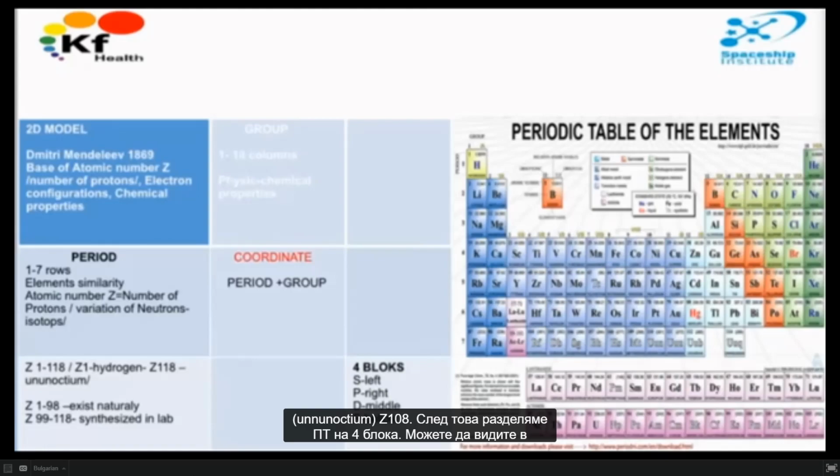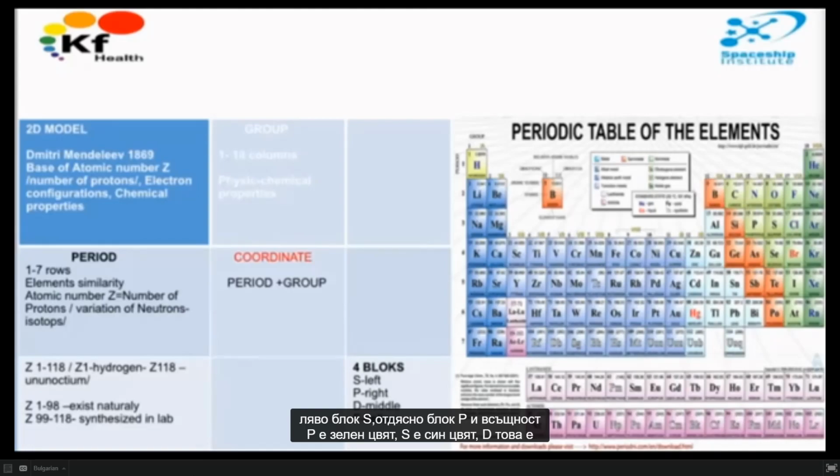Then we separate the periodic table into 4 blocks. You are able to see on your left the S block, on your right the P block, and actually P is in green color. S on your left side is blue color.